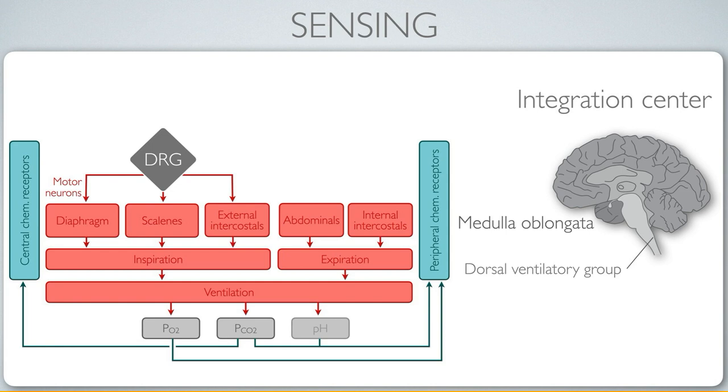So DRG is the dorsal ventilatory group, which is activating those muscles. So not surprisingly, we have something similar, another clustering of interneurons in the medulla oblongata that activates the muscles responsible for driving expiration. Those are known as the ventral ventilatory group because they're relatively ventral in the medulla.